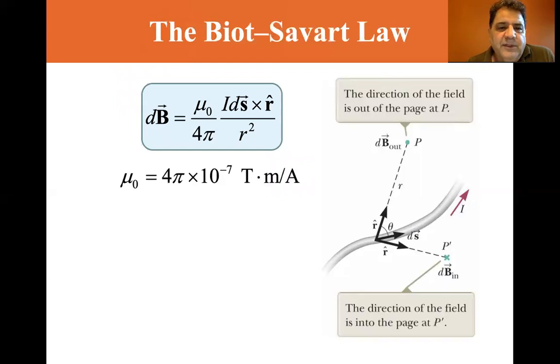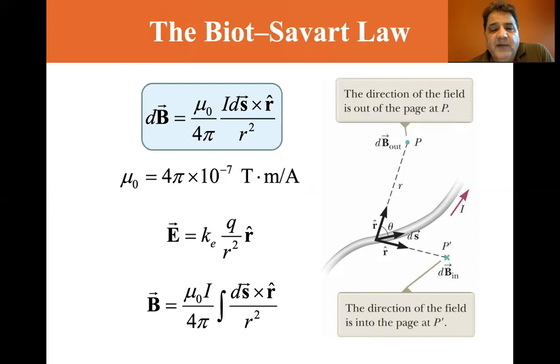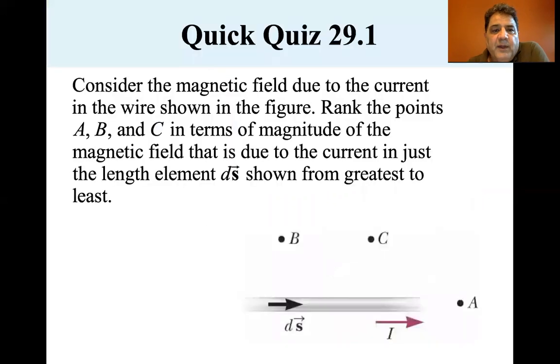Now, mu zero is our constant that we've seen before, the permeability, and the electric field E is k_e q over r squared times r vector. So here the magnetic field B is equal to mu zero I divided by 4 pi times the integral of ds cross r over r squared.